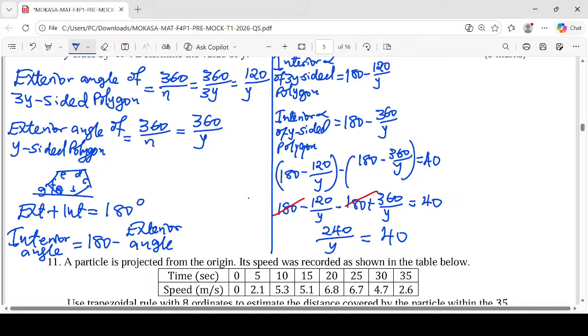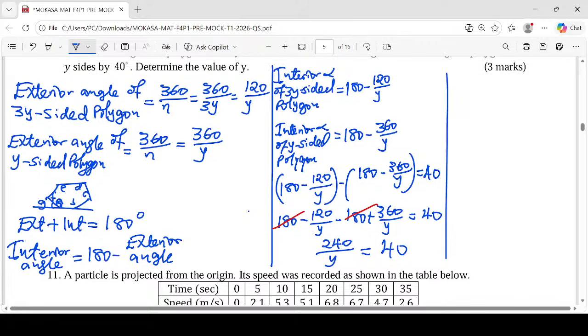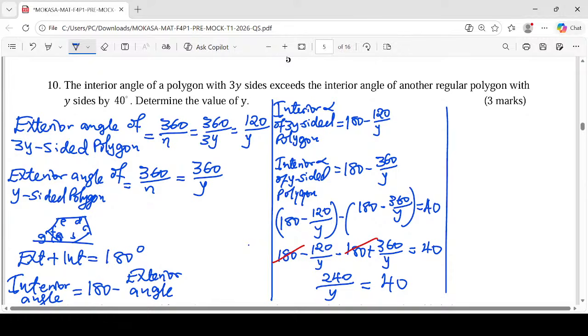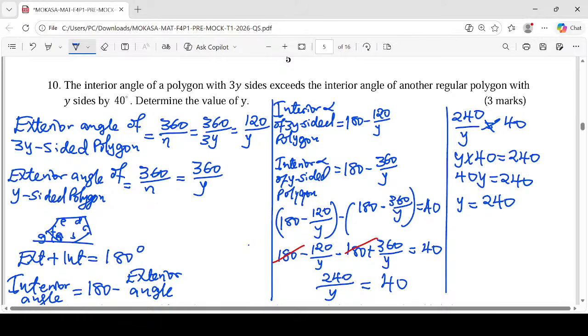And when we are at that particular juncture, we are very, very close to the answer. Because we've found 240 over y is equivalent to 40, we can cross multiply. This will mean y multiplied by 40 should give me 240. So this will be 40y is equal to 240, meaning to get the value of y, we take 240 and divide this by 40.